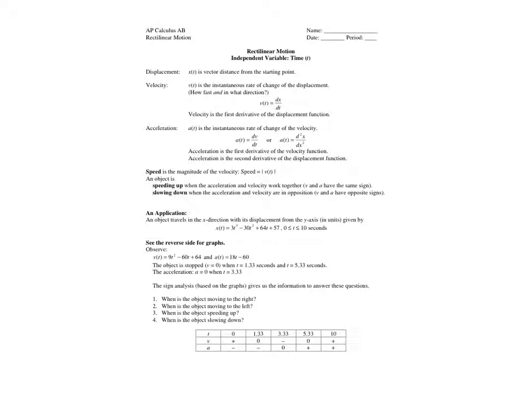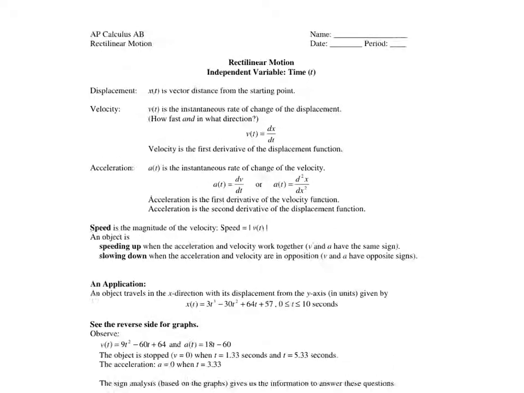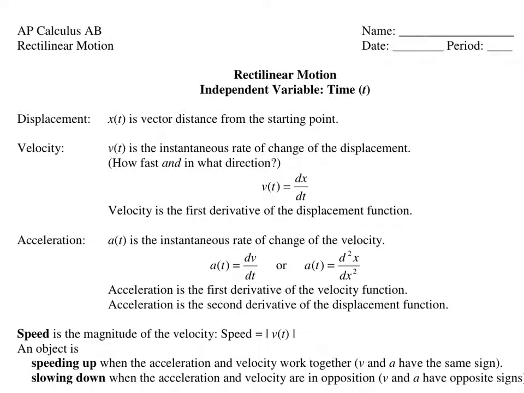So what we want to look at today is this concept of what's known as rectilinear motion, also sometimes called kinematics. The whole idea is similar to the example we were looking at with the diver, where there are multiple dimensions in real life, but we're only focusing on one dimension of motion.